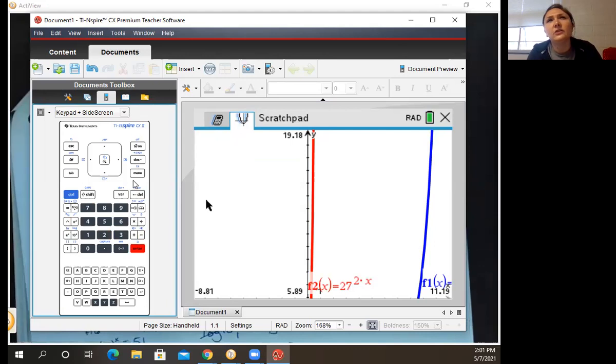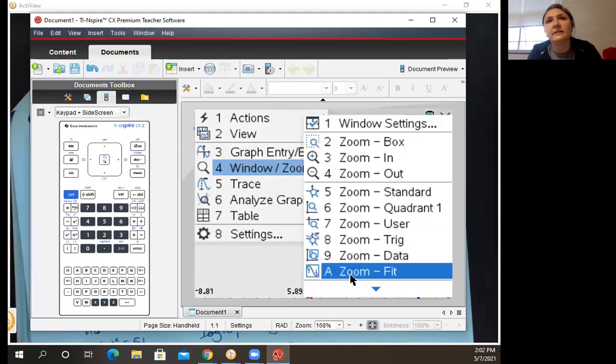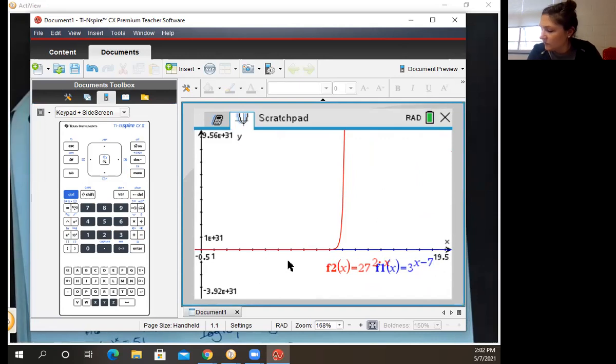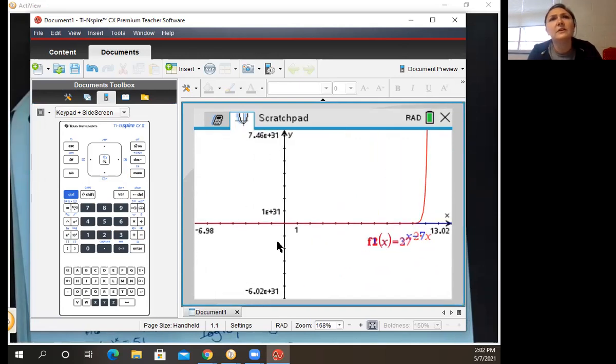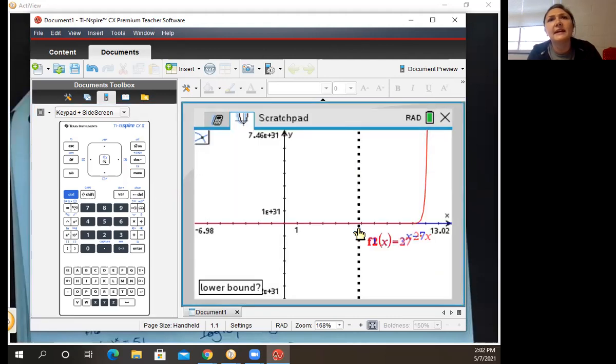And I don't have a great picture here, so I'm going to adjust my zoom. Let's try a zoom fit, see what that gives us. Okay. We can see down here somewhere, we should have a solution. You're very close down here. So menu, analyze graph, intersection.